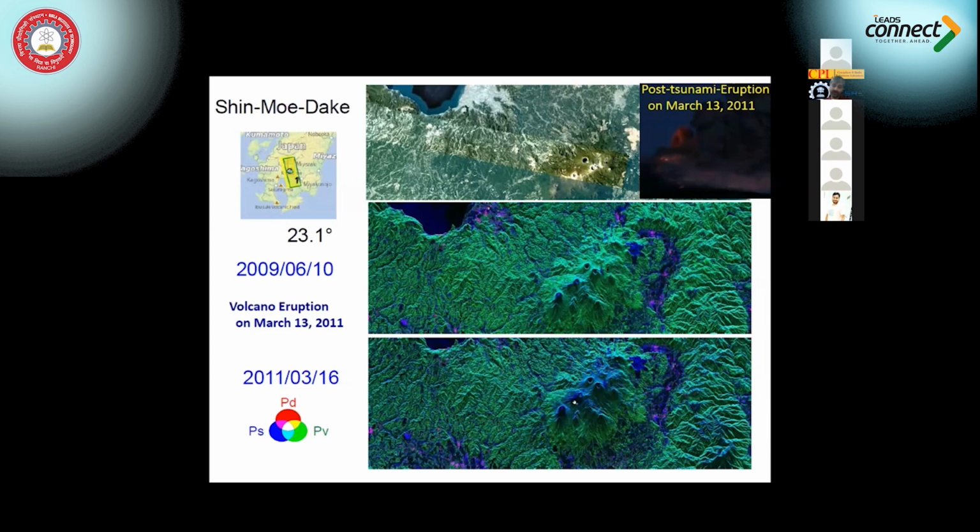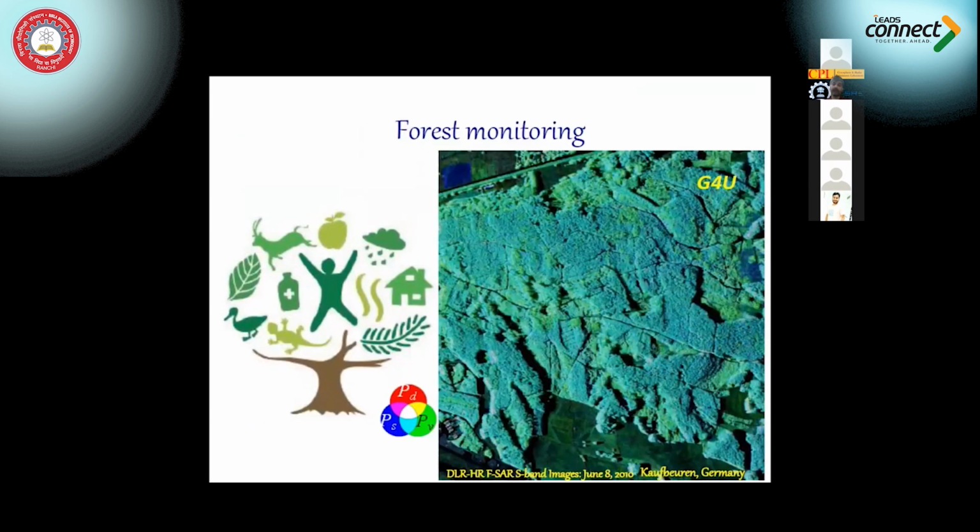Those were also deposited and burned vegetation, and the surface is exposed, giving that increment of surface scattering. So you can relate the change in surface scattering to the volcano eruption and monitor how much of that particular area is damaged.